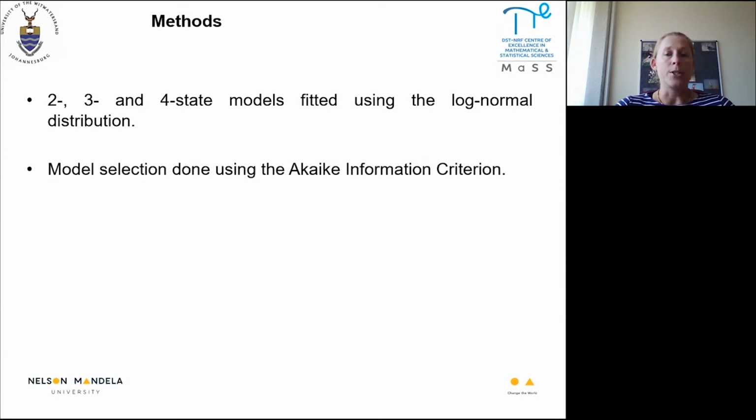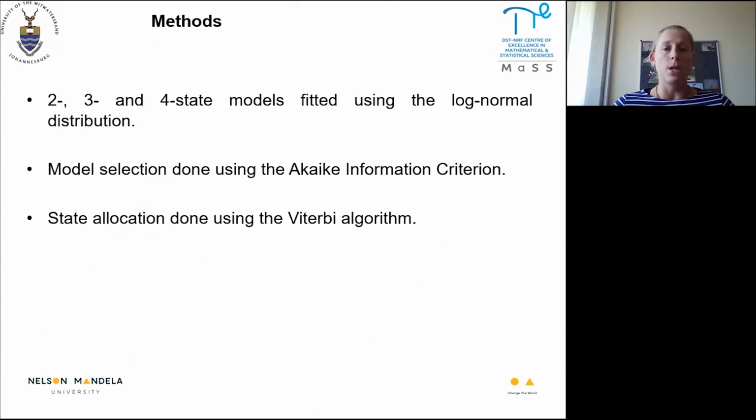Our model selection was done using the Akaike information criterion. Once you've fitted the model, you get your state-dependent distribution parameters, your transition probability matrix, and your stationary distribution if you're fitting a stationary model. Then, to get the predicted state sequence, you use the Viterbi algorithm.